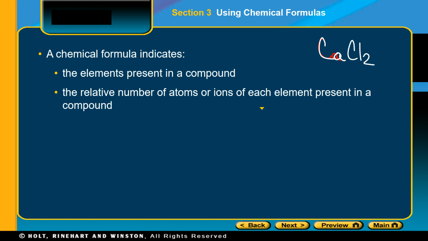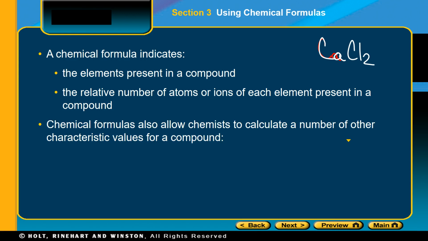So how many calcium ions are in this compound as it's written? 1. How many chlorine ions? 2. So it's a ratio of 2 chlorines to 1 calcium. And the reason why I'm referring to them as ions and not atoms is because this is an ionic compound.